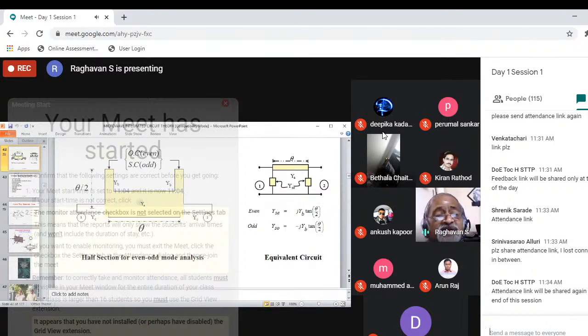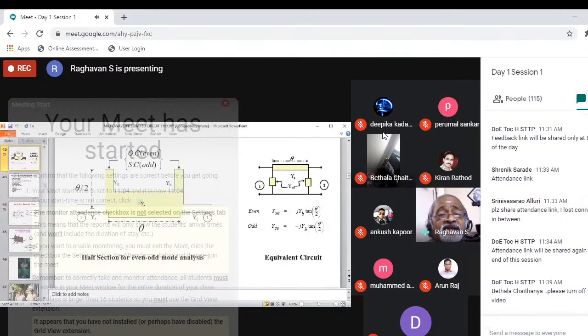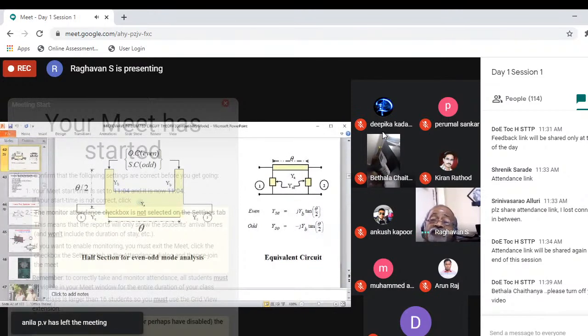So that's why everywhere, if it is a short circuit, ZSC means it is jZ0 tan βL. In that way only you should get all the values. Similarly, OC means Z0 by j tan βL. Now we have got the three sections: two shunt and one series. For each shunt and series, you find the ABCD parameter, then multiply them.